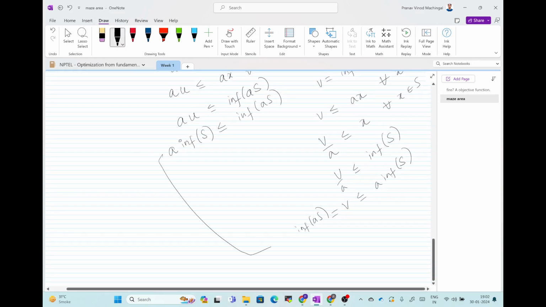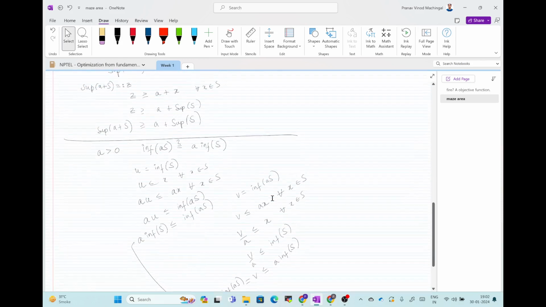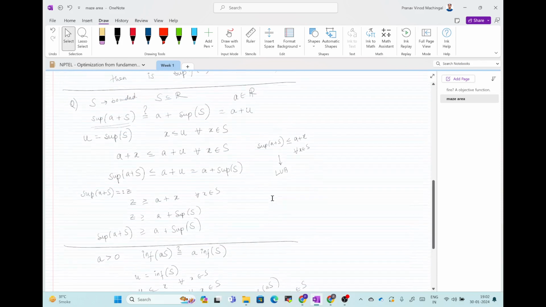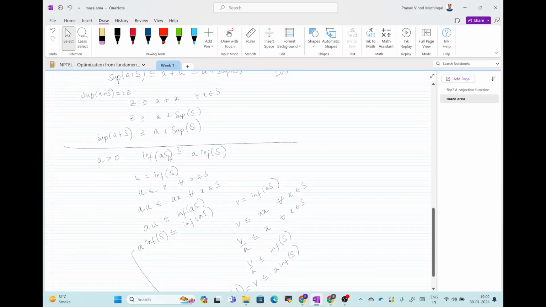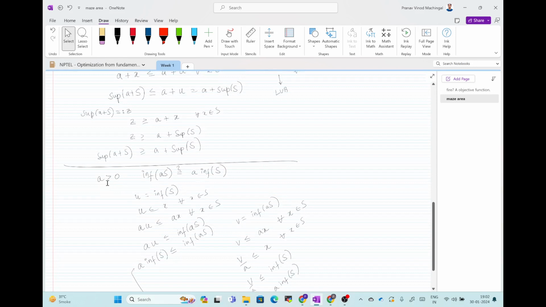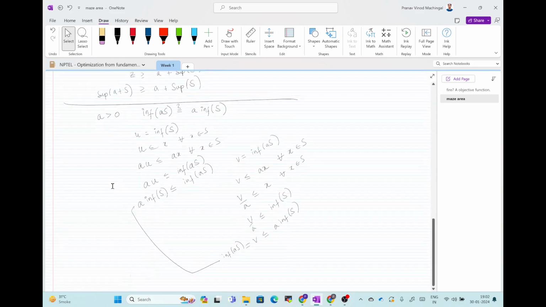So from these two we can equate them. This was the same as just repeating the same things. Only here there was addition, here there was multiplication of a scalar, and here a was greater than 0. That was the key. Here we had this extra condition a greater than 0.